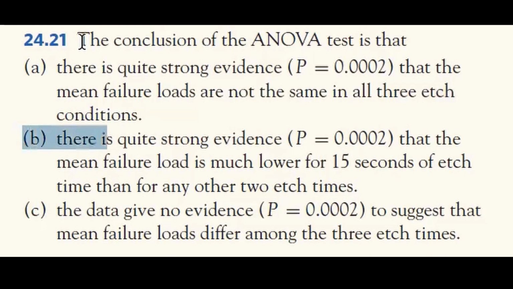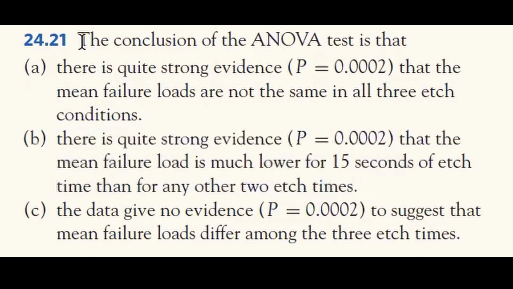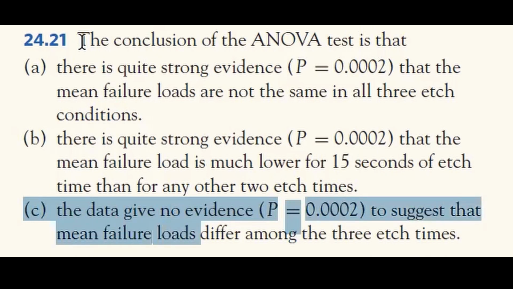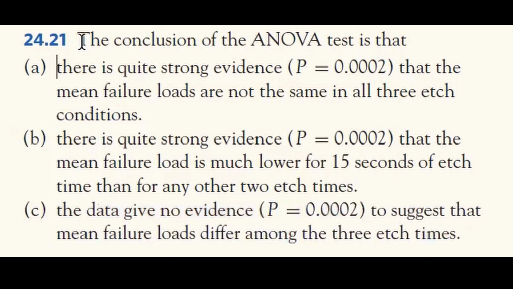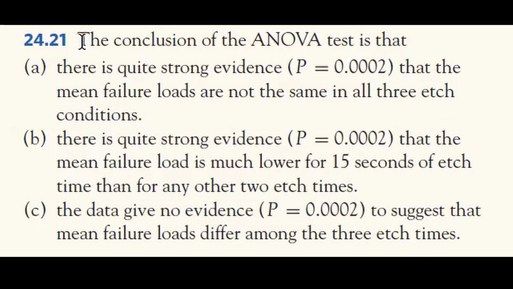B, there is quite strong evidence, P, all that stuff, that the mean failure load is much lower for 15 seconds of etch time than for any other 2 etch times. And C, the data give no evidence, p-value, to suggest that mean failure loads differ among the 3 etch times. A. A, right? Strong evidence. They are different, but we don't know which one yet. Great.